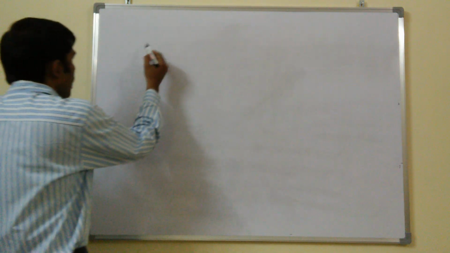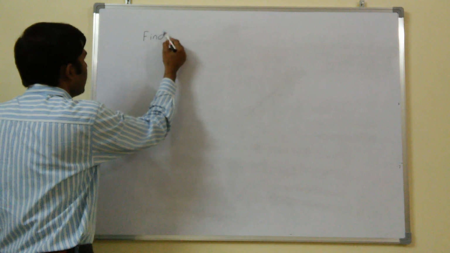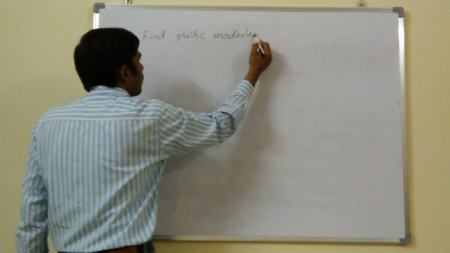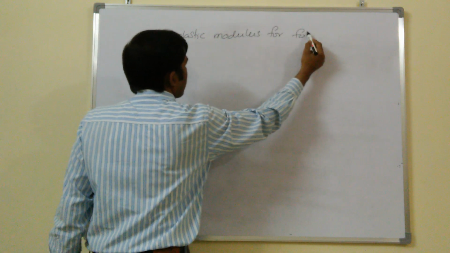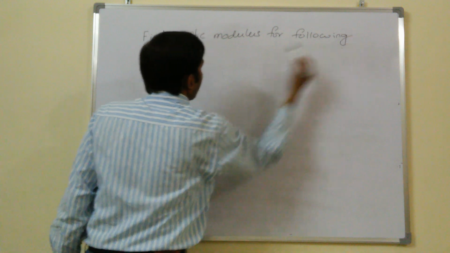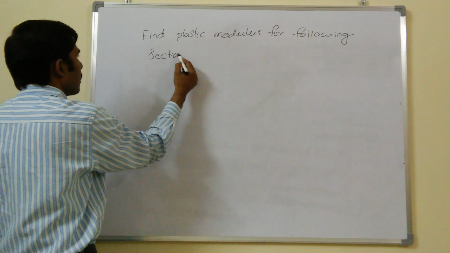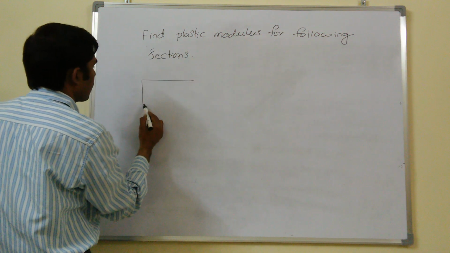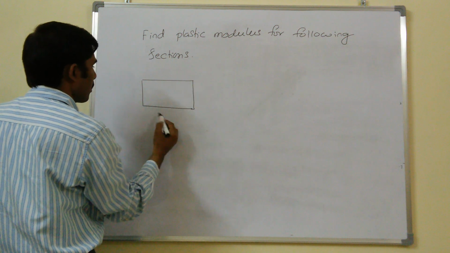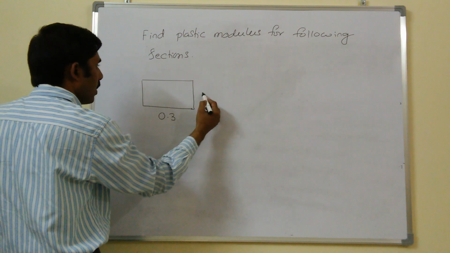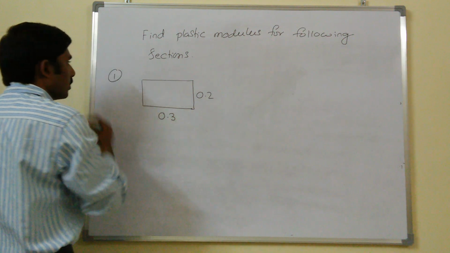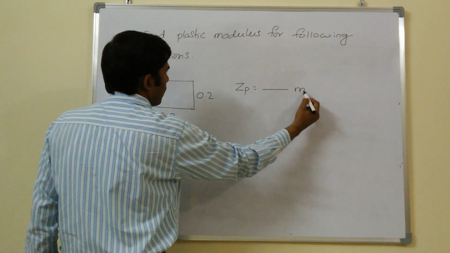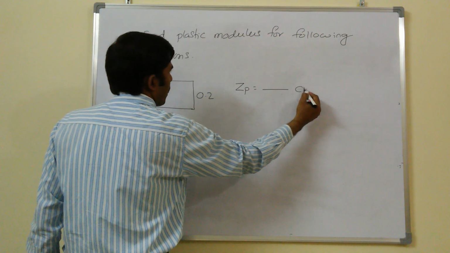Now work out these problems. Find the plastic modulus for the following sections. First, 0.3, 0.2. ZP equals dash centimeter cube.